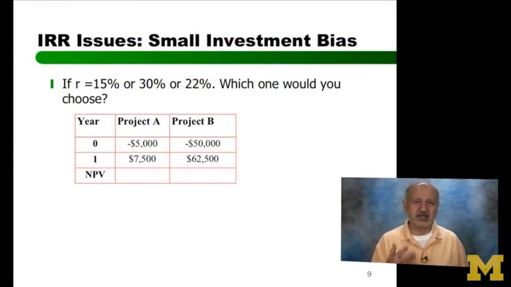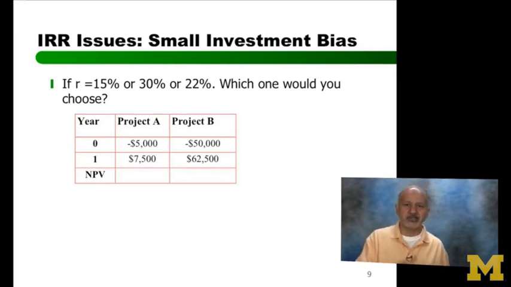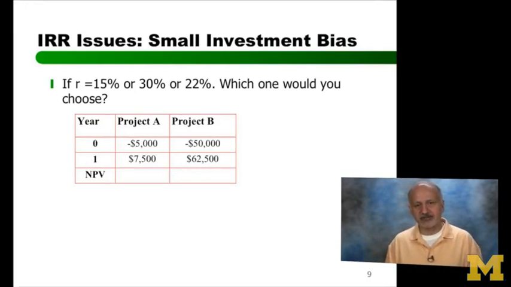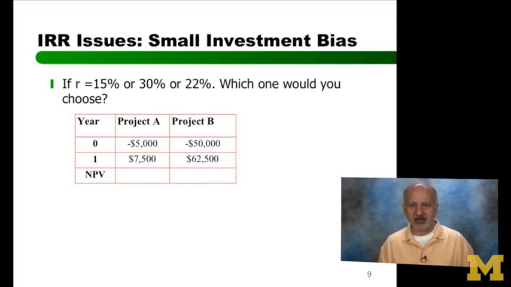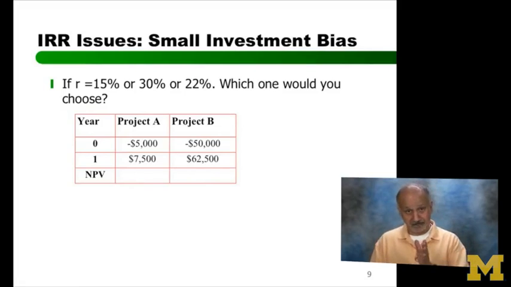I want you to again take a break, think about this. This time the example is not difficult to calculate, but the issue is as important as the first one. And bottom line is the following. Comparing IRRs directly and going in favor of the higher one will make you pick what kind of projects?